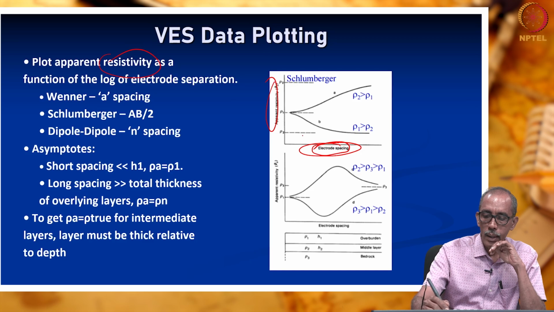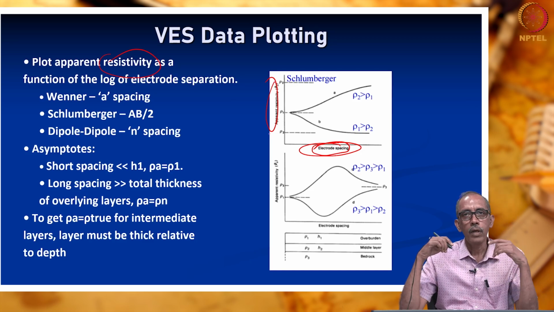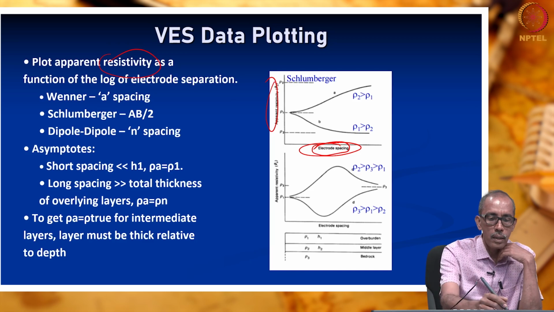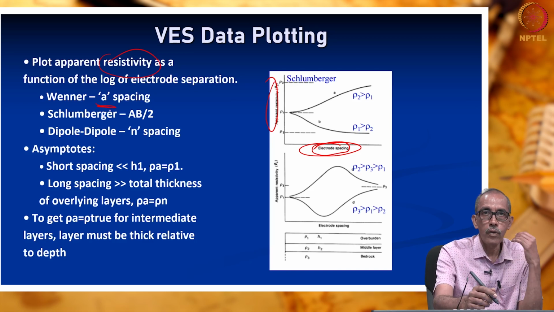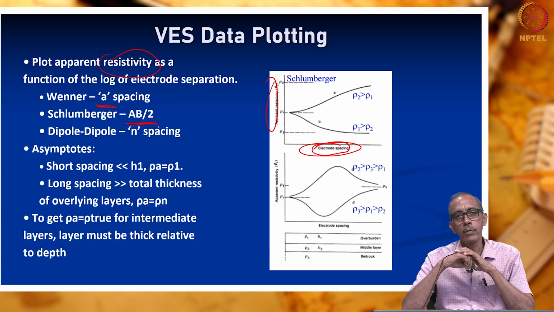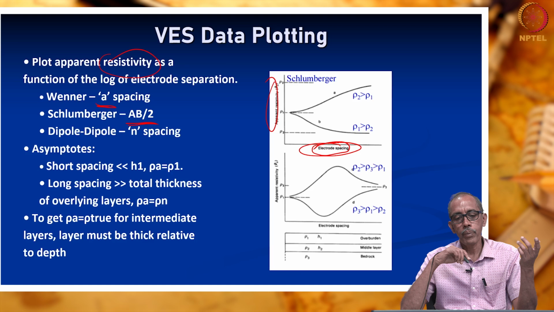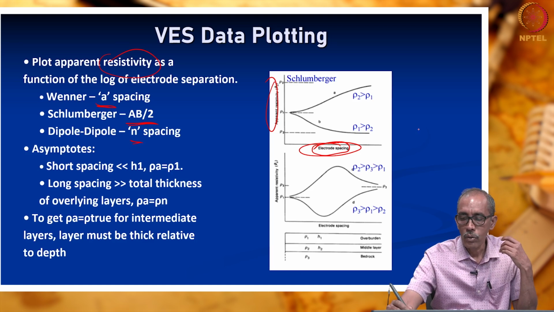For different depths, how the apparent resistivity varied. So, if you are using the Wenner method, you plot this with A. If you are using the Schlumberger method, we plot this for AB by 2. If you use the dipole method, we use N. What is N? N is the distance between two pairs.